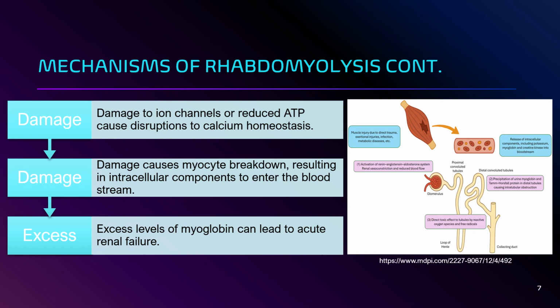As a result of myocyte breakdown, substantial amounts of intracellular components, especially potassium, myoglobin, and creatine kinase, are released into the bloodstream. Cabral et al. report that when skeletal muscle injury involves more than 100 grams, circulating myoglobin levels surpass the plasma's protein binding capacity, resulting in precipitation within the glomerular filtrate or nephrotoxicity, resulting in acute renal failure.